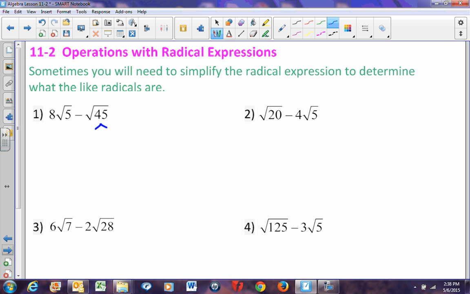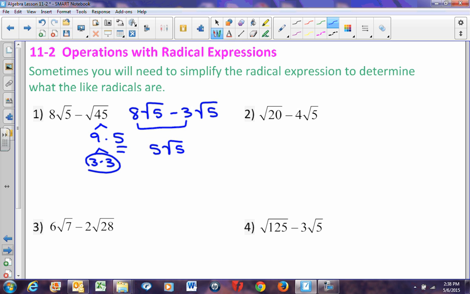The square root of 45 is 9 times 5, and 9 is 3 times 3. So now this becomes 8 square roots of 5 minus 3 square roots of 5, because we simplified this. 8 minus 3 is 5, so this becomes 5 square roots of 5. We could simplify this, which then enabled us to be able to subtract them.